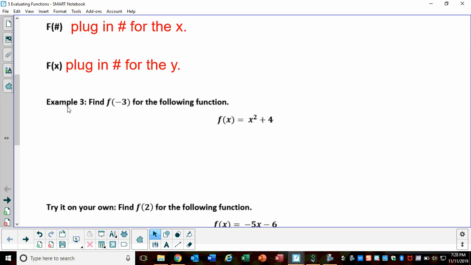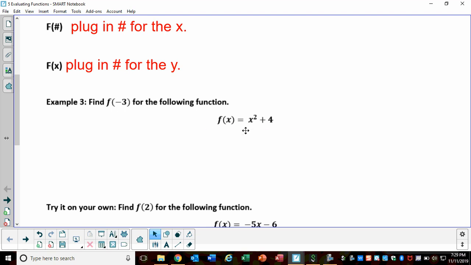Oh, this is all numbered wrong. So this is actually example 1, but we'll call it 3 just for fun. Find f of negative 3 for the following function. F of x equals x squared plus 4. They gave us a number in place of the letter x, so that means they gave us the x value. We're going to take that negative 3 and plug it in for the x value.